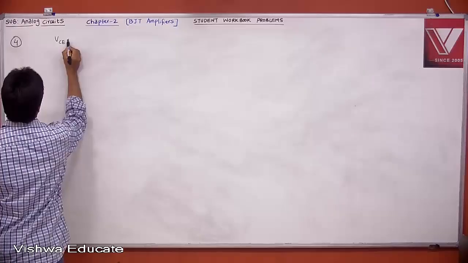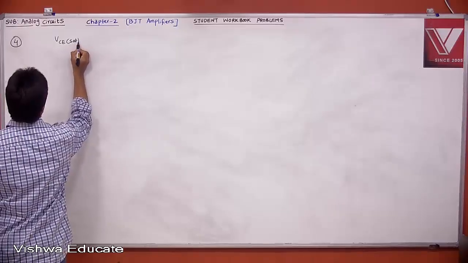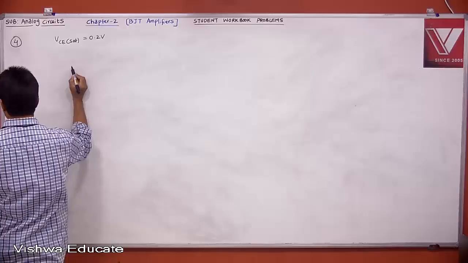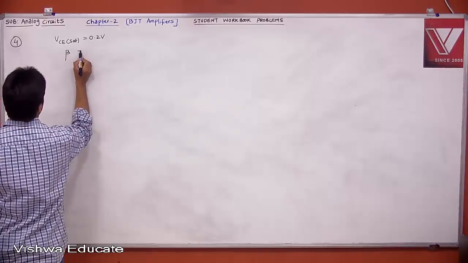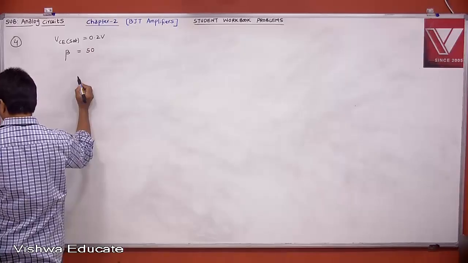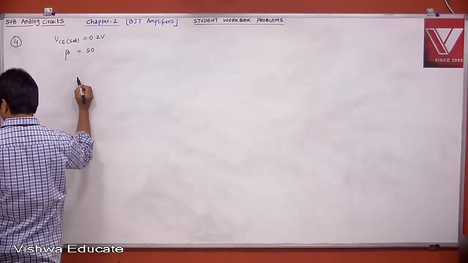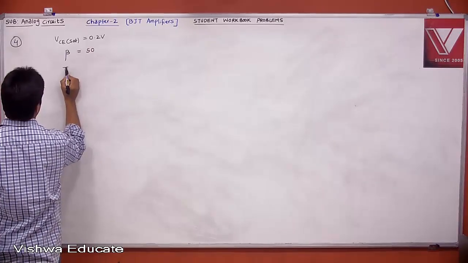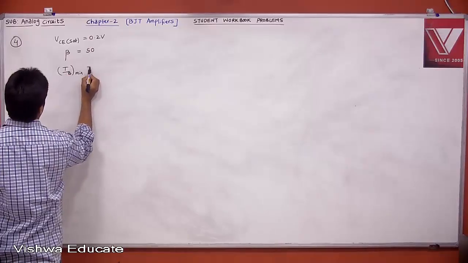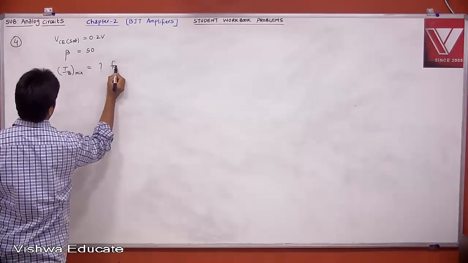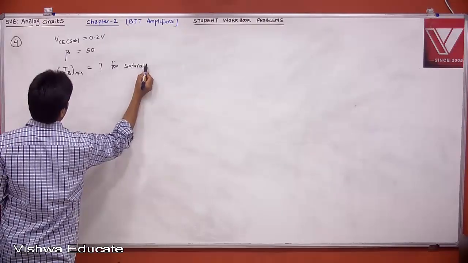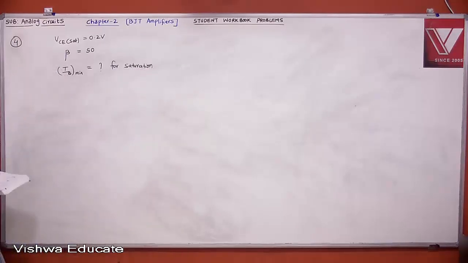VCE sat 0.2 volt, beta 50, and it is asking the minimum base current required to drive the transistor to saturation, IB minimum for saturation. That is what the problem is.